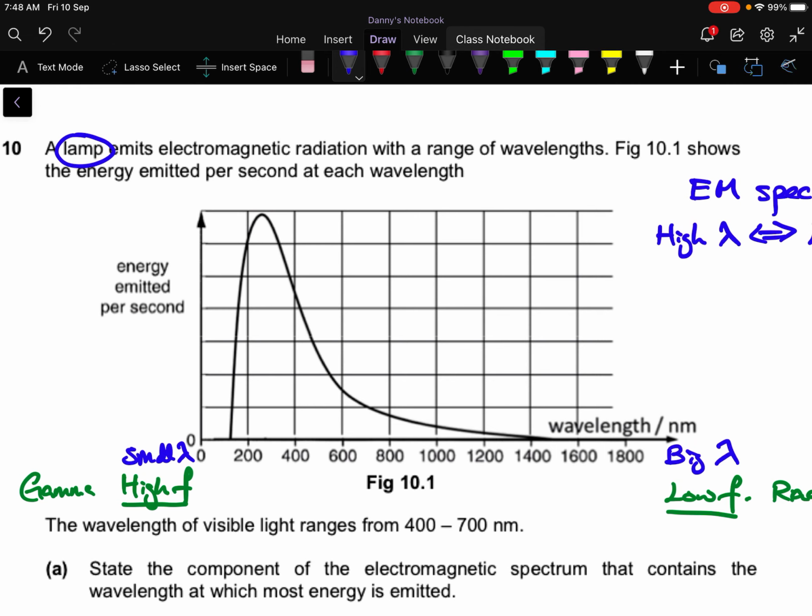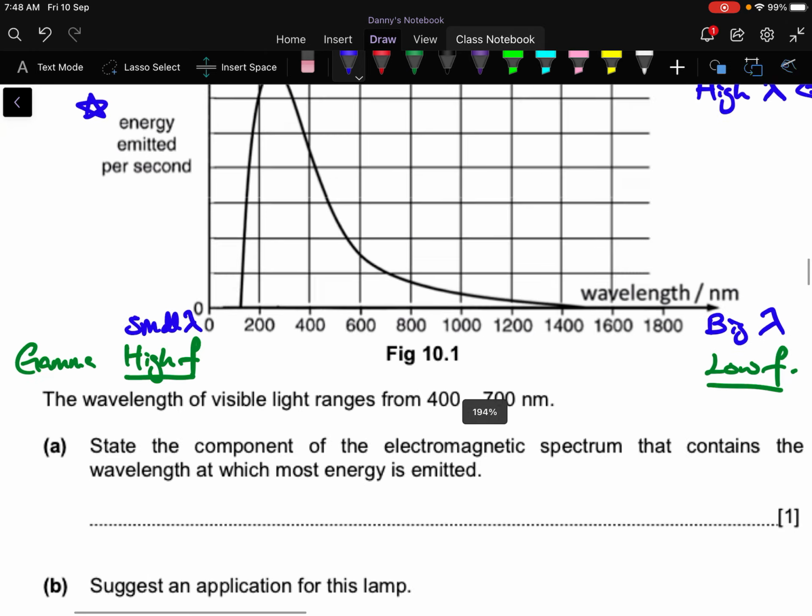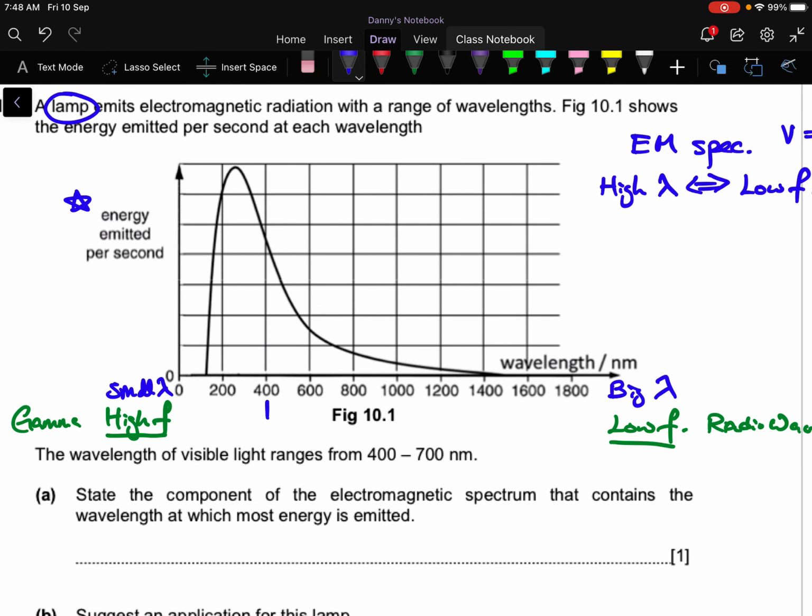So let's look at this. Basically I have a lamp that will emit this spectrum of wavelengths, and this axis here, the y-axis, tells me which wavelength is being produced at the largest amount. So there's a hint given here.